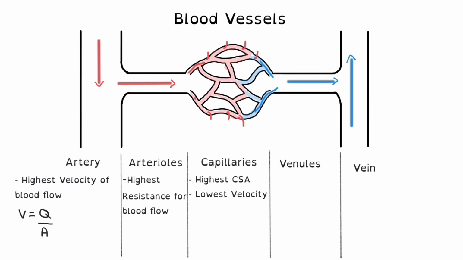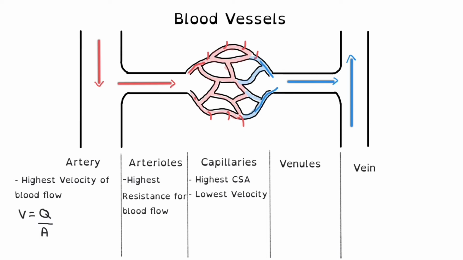Within our bodies and our blood vessels, we're going to have a high amount of capillaries. Therefore, our capillaries are going to have the highest cross-sectional area. If we go back to our equation where we said the velocity of blood flow is equal to the flow over the total cross-sectional area, because we have a high amount of total cross-sectional area of capillaries, they're going to have the lowest velocity.